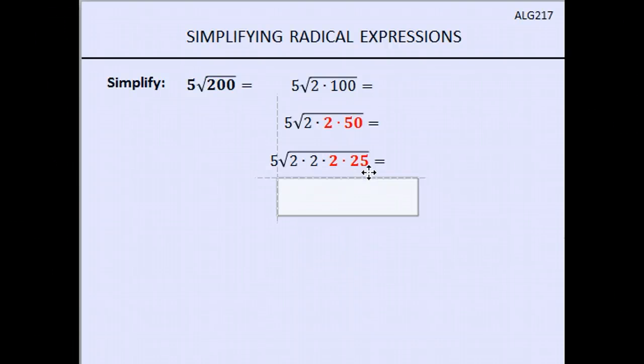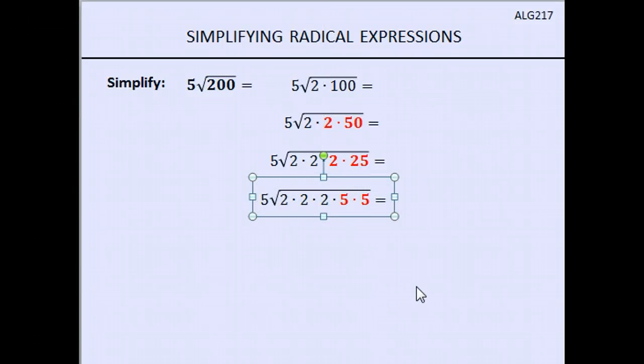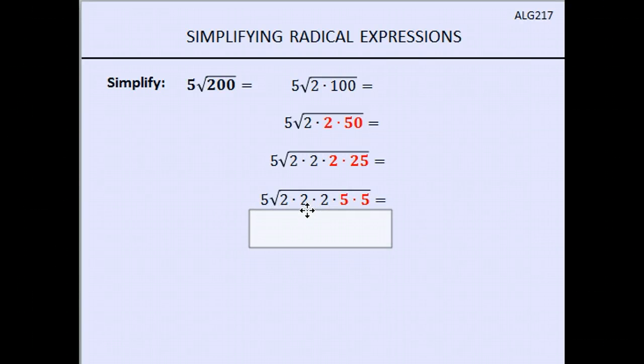If we don't recognize that, however, we have to keep breaking it down, and we know that 25 breaks down to 5 times 5. So now, when we look at what we've got, all prime numbers. That's as far as we can go. So we're looking for our pairs. We've got a pair of 2s and a pair of 5s.